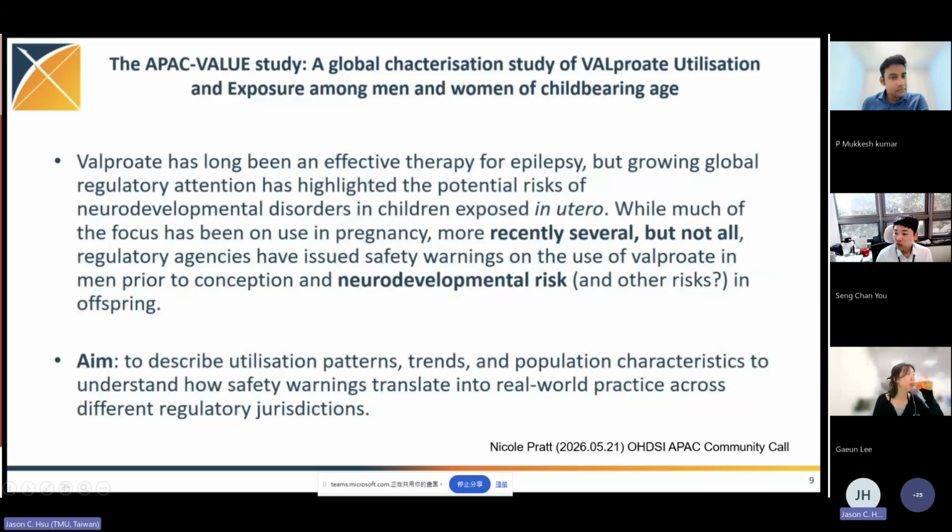As international regulatory agencies have continuously upgraded their safety warnings about various policies, the aim of this study is to map these utilization trends and population categorizations among different countries. How do these high-level regulatory safety warnings actually translate into real-world clinical practice across different regions?